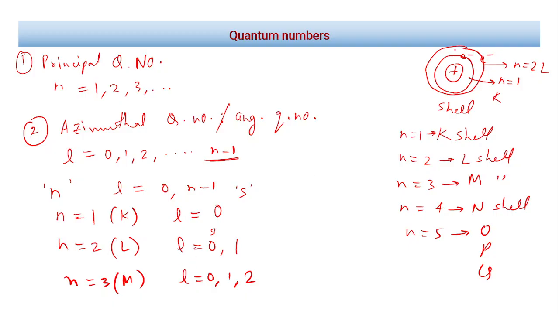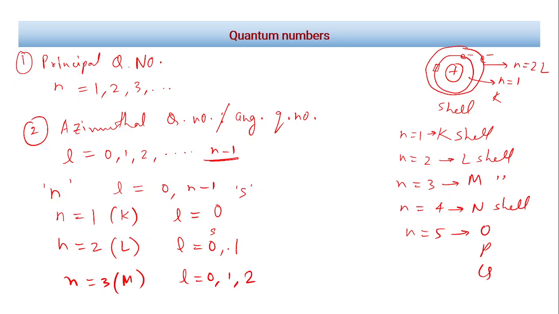When I'm representing this energy level as shells, then in every shell, like in the first shell, you see there is only one subshell, which we call L is equal to 0. That means here there is only this, which we call S subshell.